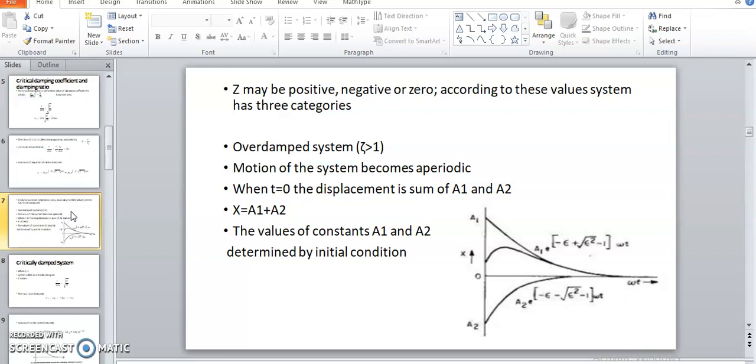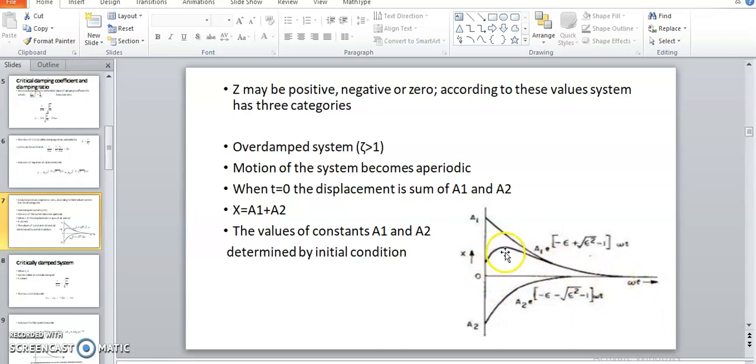As discussed, there are four cases of the roots. The first case we discussed has roots that are real and unequal. If you plot the displacement versus time curve for the vibratory body, we observe this type of curve.